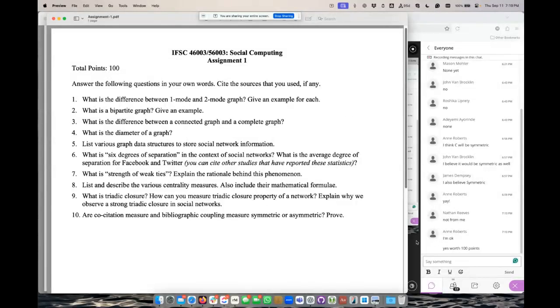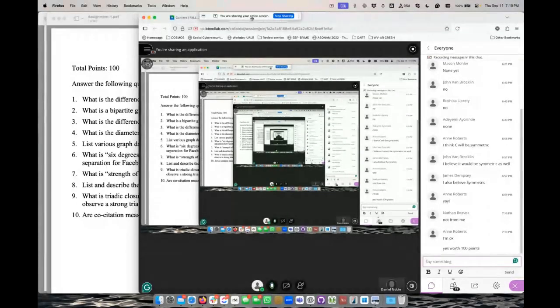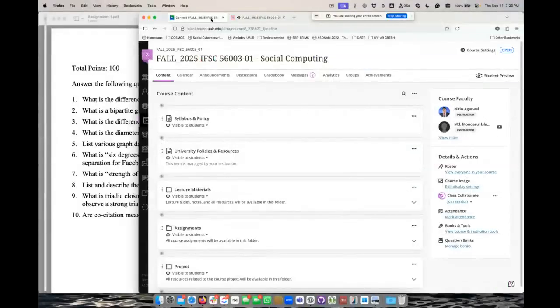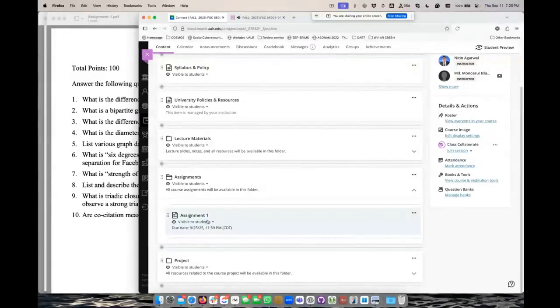Just to give you a quick look, let's see if I can show where it is located. So when you guys open Blackboard, you will notice that the assignment is a separate folder right under lecture materials. So if you expand that, you should see assignment 1.